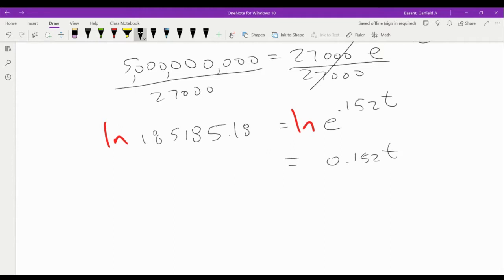And what do we get on the left side when we take the ln of 185,185.18?